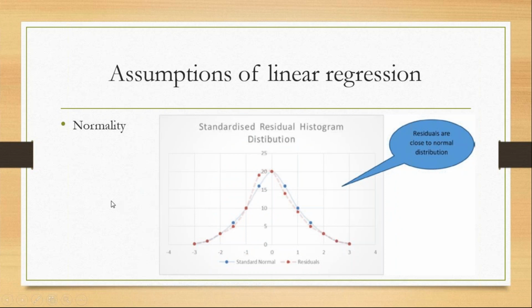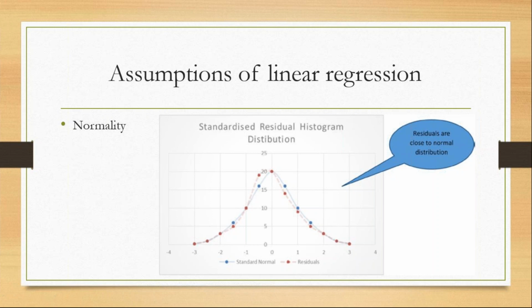Normality. One thing is that residuals are actually your error values. So your error should have a normal distribution. What it means is my error should not have any pattern.